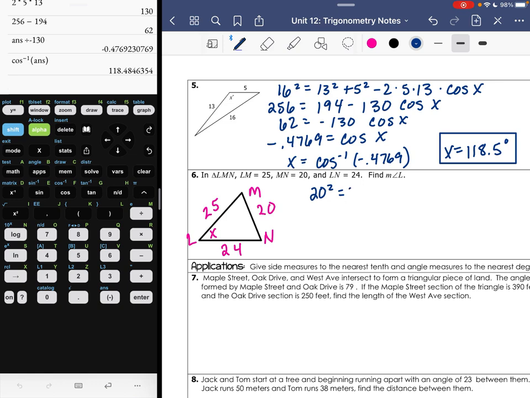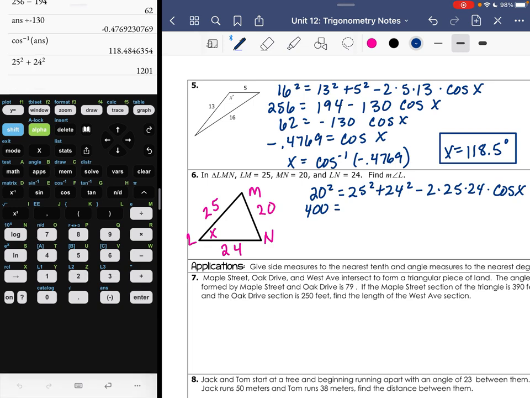And then we're going to have 25 squared plus 24 squared minus 2 times 25 times 24 times cosine of x. And so 20 squared is 400. And then we got 25 squared plus 24 squared is 1201. And then we're going to have minus 2 times 25 times 24.